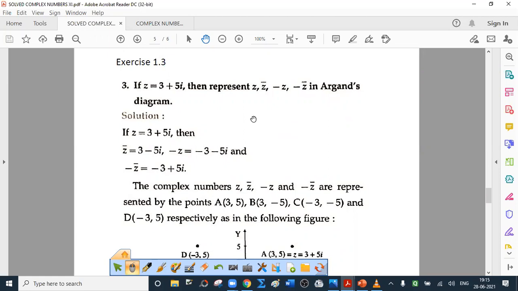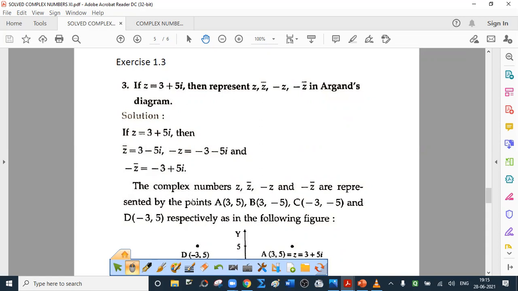Now z is 3 plus 5i, given. So z bar, that is the conjugate of this complex number, is 3 minus 5i. To get the conjugate of a complex number, we have to change the sign of the imaginary part. What is minus z? Minus 3 minus 5i. And what is minus z bar? It is minus 3 plus 5i.